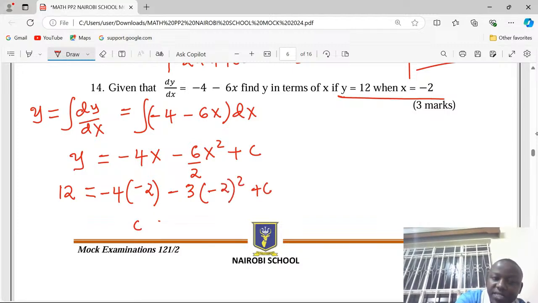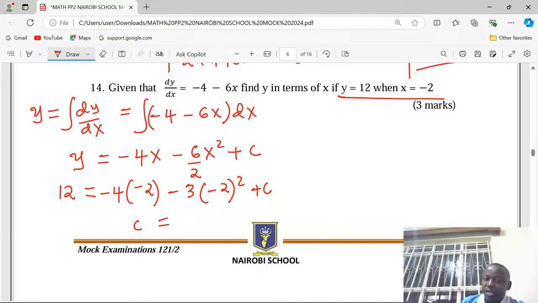To remain with c, we need 12 plus 8, that is 20. Then we will have a negative 3 by 4, which is negative 12. Let me just confirm that.